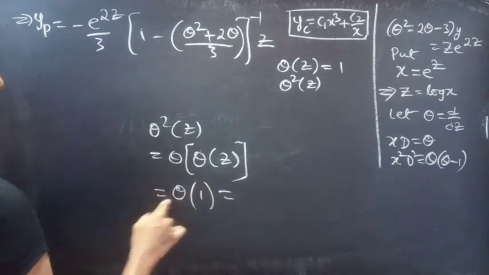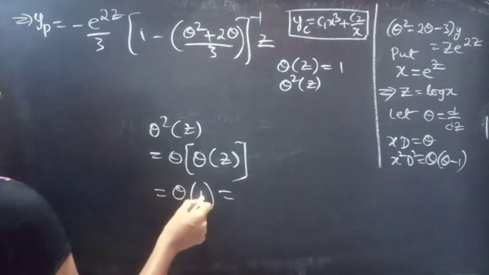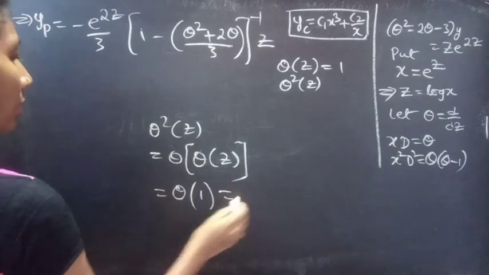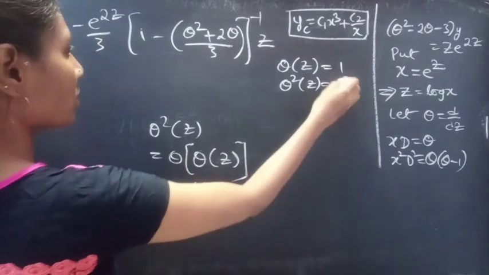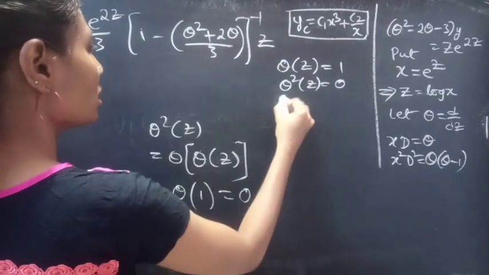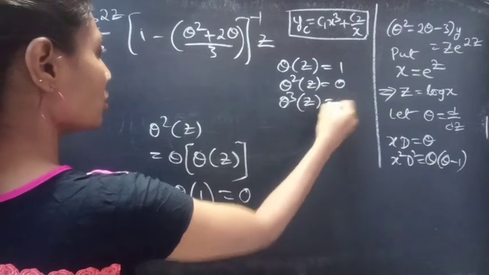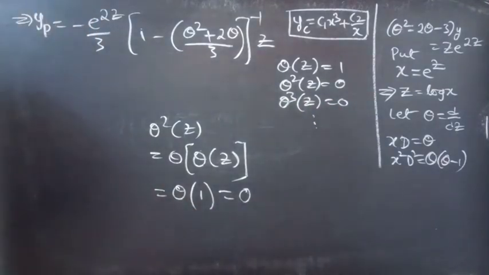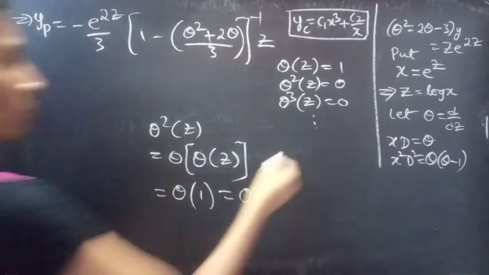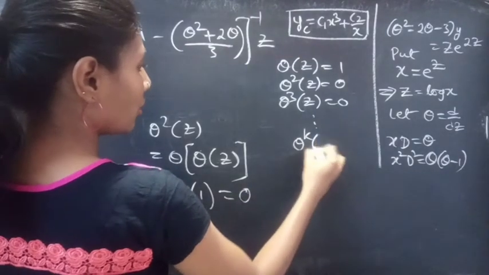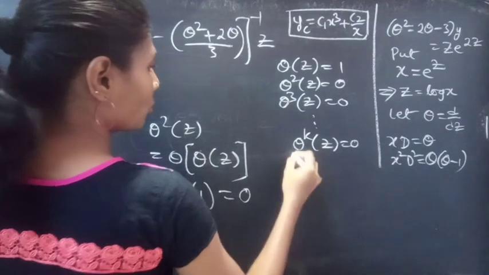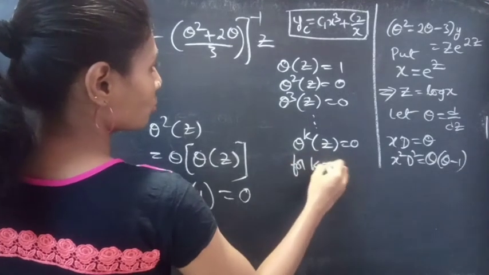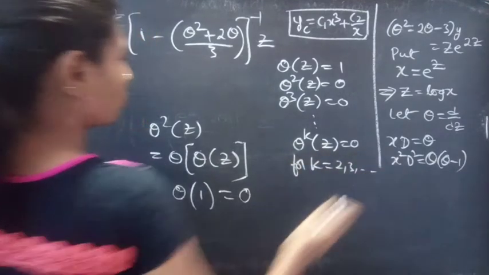Then the derivative of 1 with respect to z is 0. So theta square of z is 0. Likewise theta cube of z is 0 and so on. All the higher derivatives become 0. In general, theta power k of z equals 0 for k equals 2, 3 and so on.